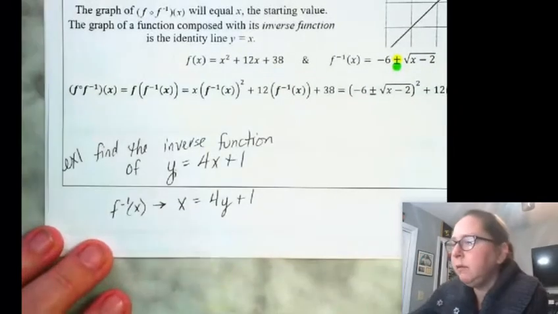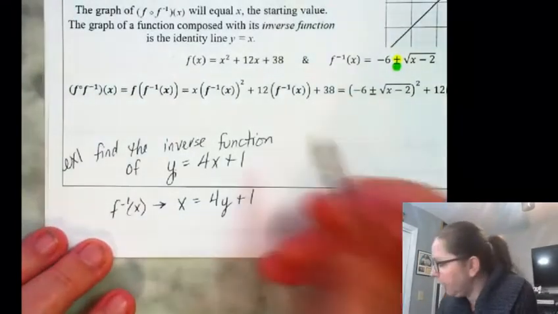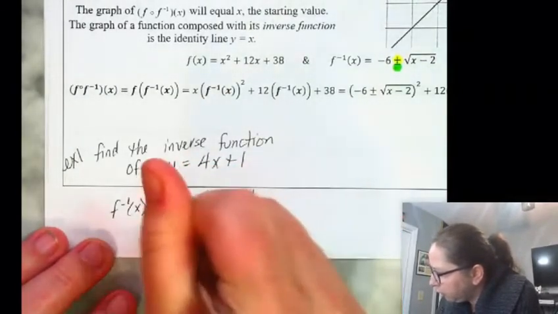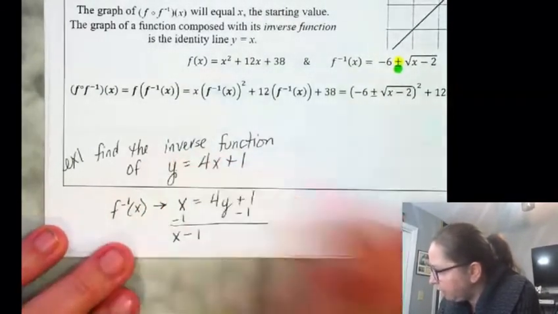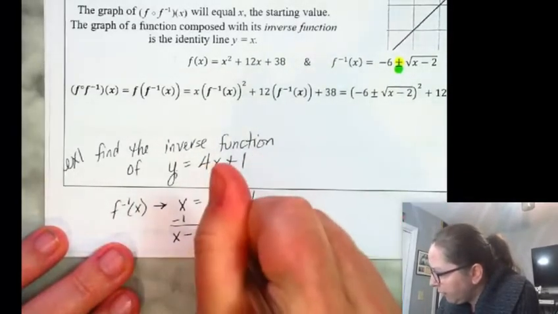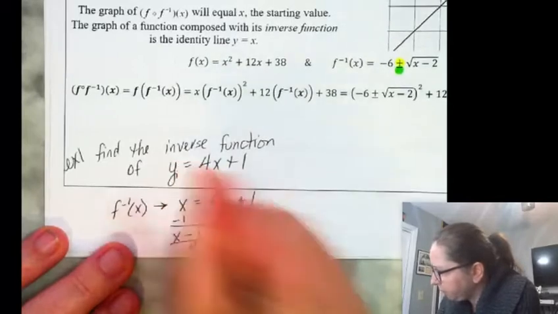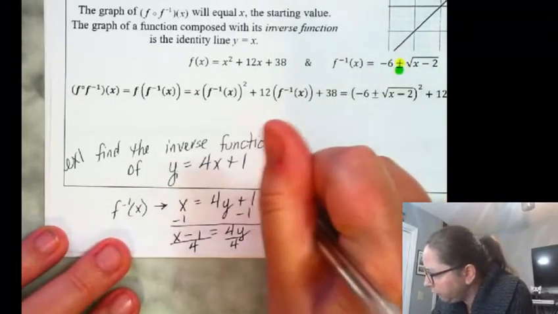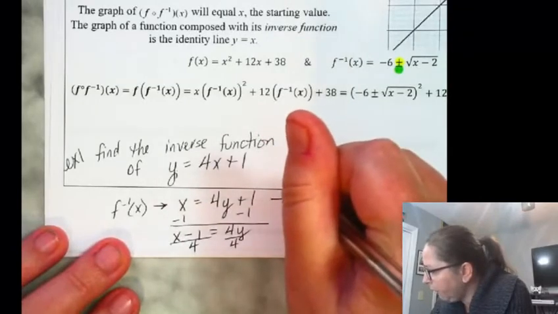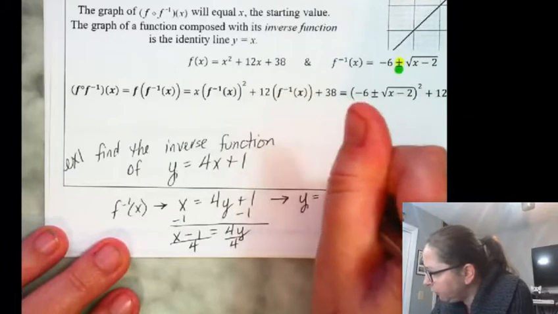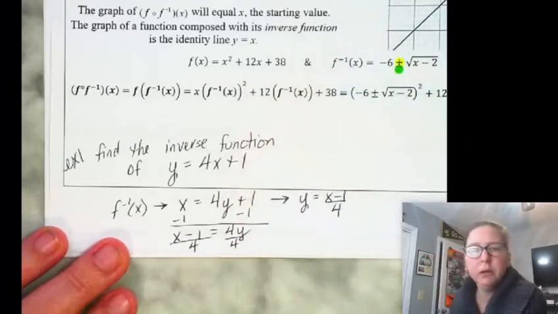So let's subtract 1. I have x minus 1 equals 4y, and now I have to divide by 4. And so here's my inverse function: y equals x minus 1 divided by 4.